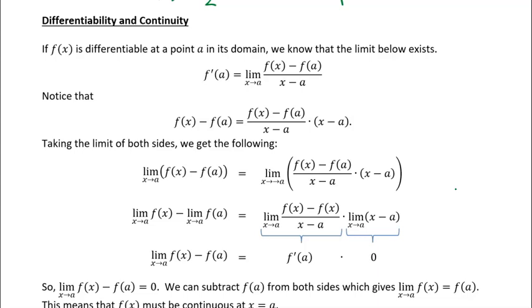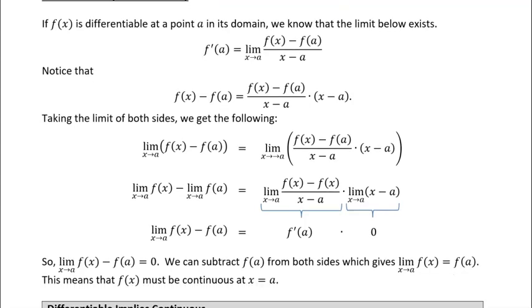If that's true, we can just add f(a) to both sides, which tells us that the limit as x approaches a of f(x) has to be f(a). That goes back to continuity.